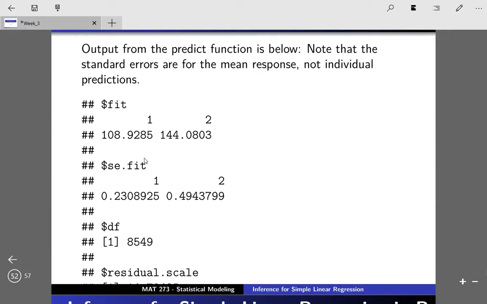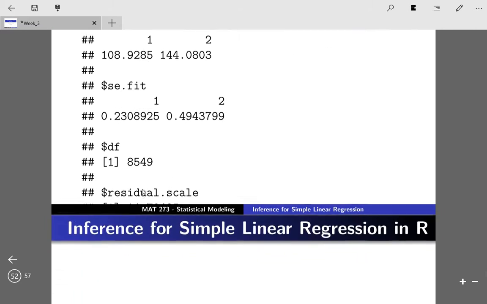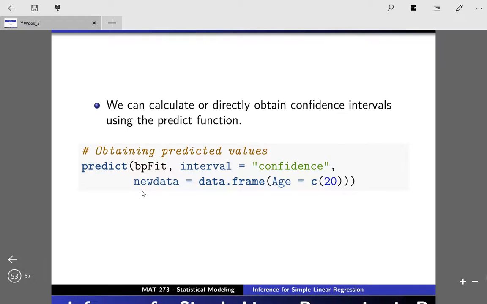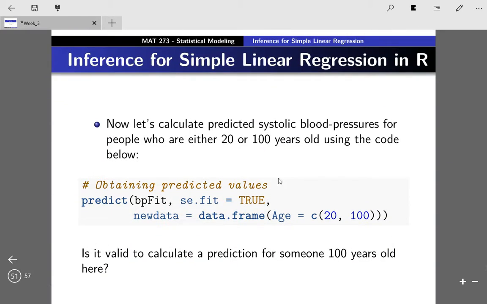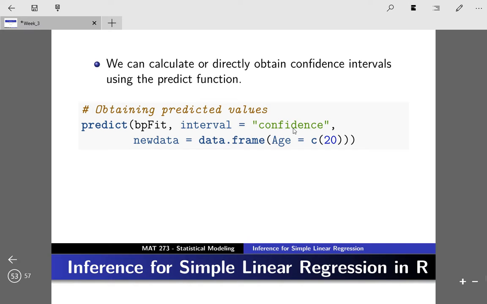So using R, we get the predicted values here. This is their predicted systolic blood pressures for a 20-year-old and then a 100-year-old, the corresponding standard errors of those predictions, and the degrees of freedom. So we can also calculate, instead of a prediction interval, a mean interval using R. And to do this, we change the interval option to say confidence instead of, I believe it was prediction.